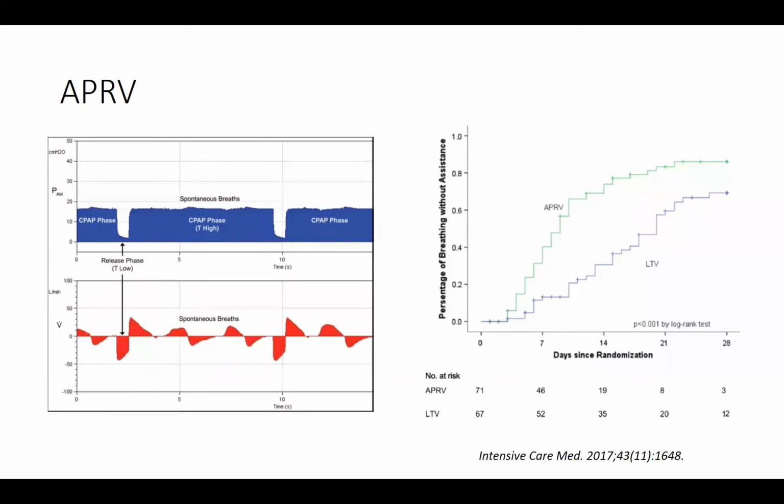And it works. It's one option to ventilate these patients, so I don't have anything against it. It's just that there is a paucity of evidence that it's better than conventional ventilation with low tidal volumes and appropriate use of PEEP.